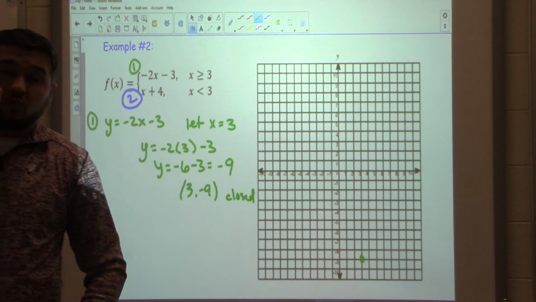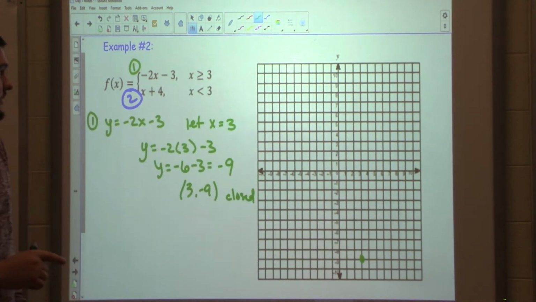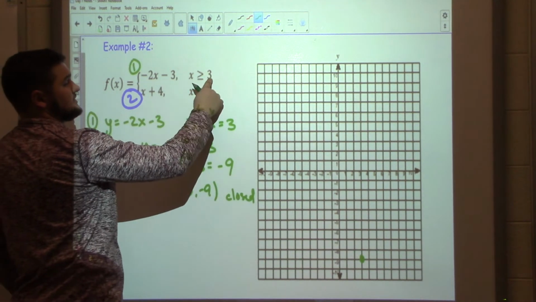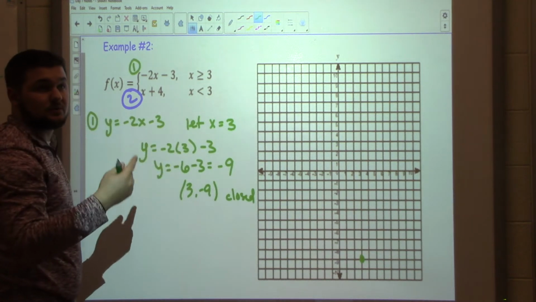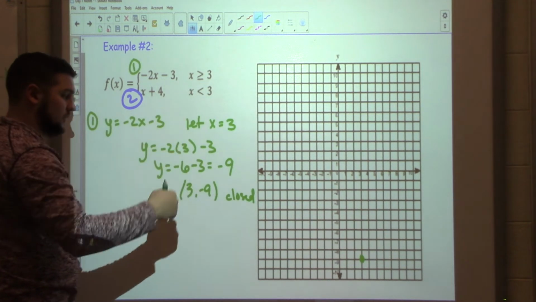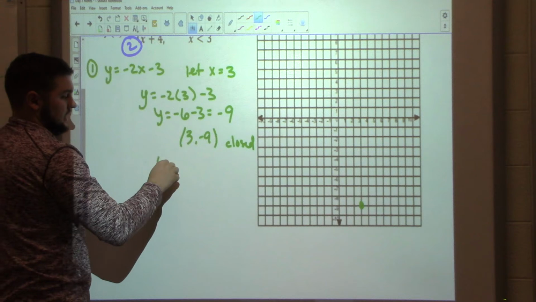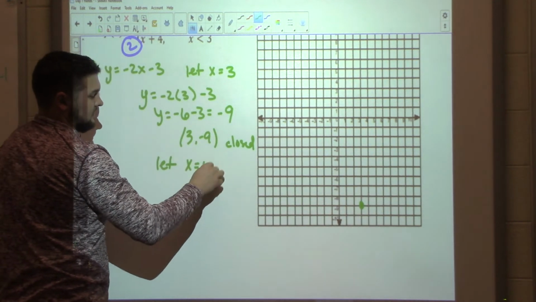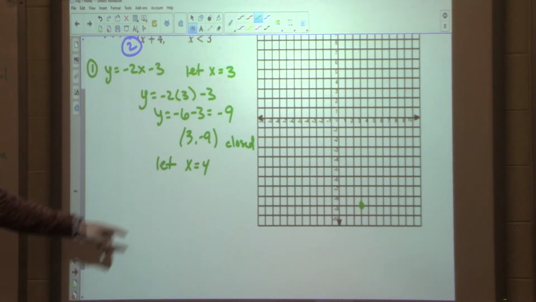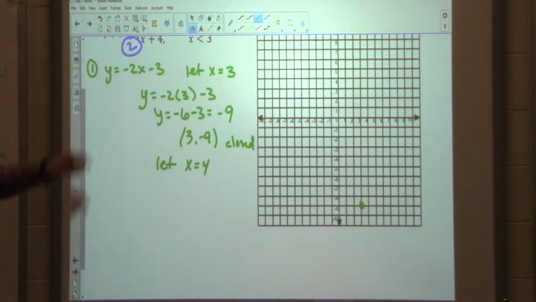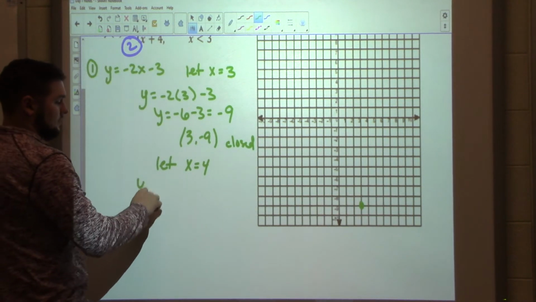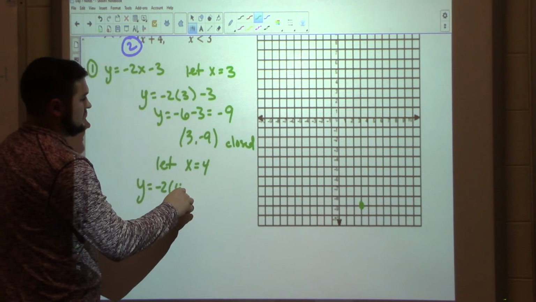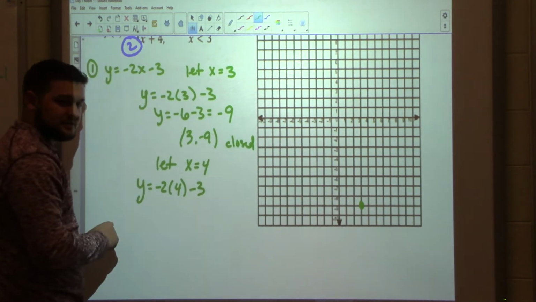Okay, then I need to pick one more point for this first one. Well, it's got to fit my criteria. It's got to be greater than or equal to 3. So greater than 3 would be 4. Let x equal 4. Well, take 4, plug it into your original equation to find y. Y equals negative 2 times 4 minus 3.